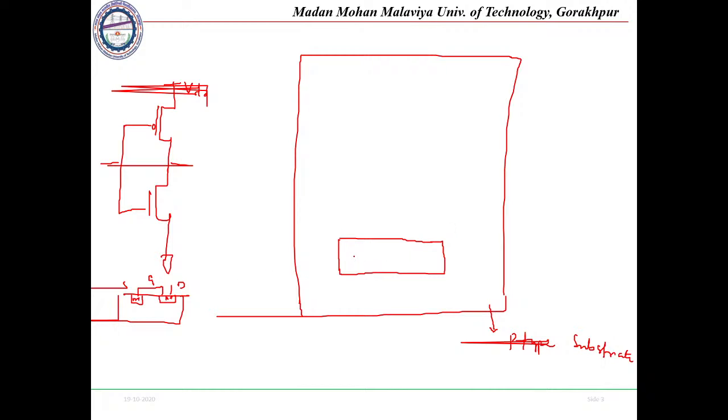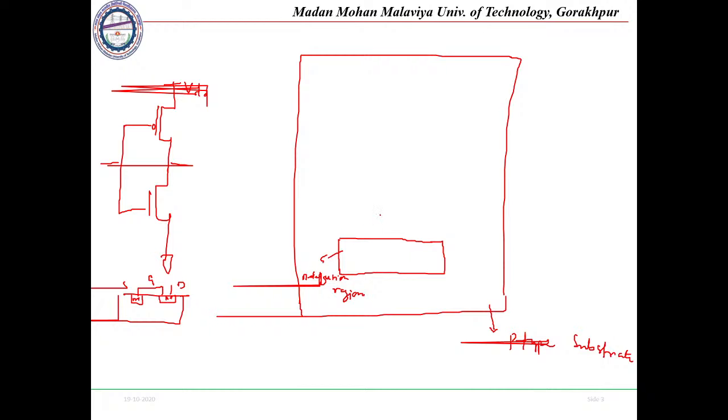So the first layer we will be depositing is the n diffusion region. Once we have deposited the n diffusion region, inside that we will be making the connection.